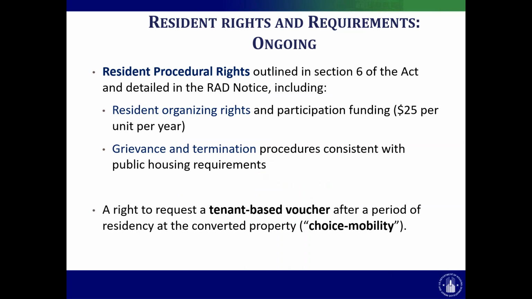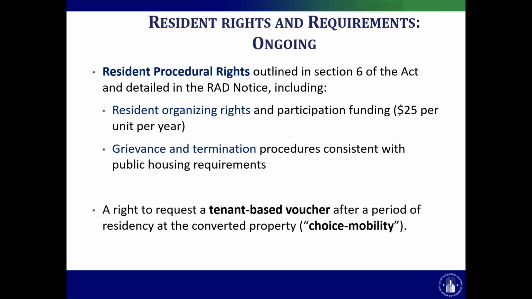Then finally, both for residents that are at the property at conversion or grandfathered over, but also for new admissions going forward, RAD requires resident procedural rights that are outlined in Section 6 of the Act and detailed in the RAD notice that supplement existing Section 8 requirements. These do two things.